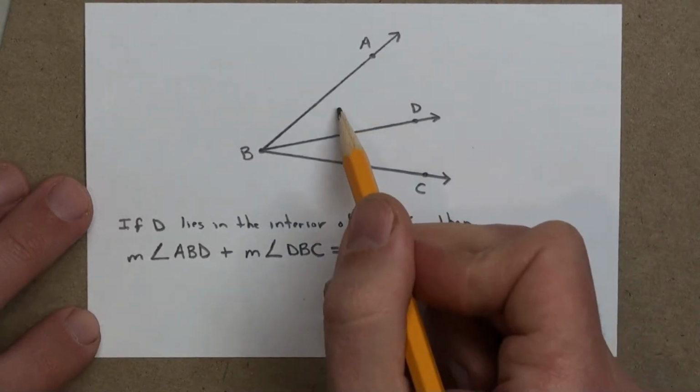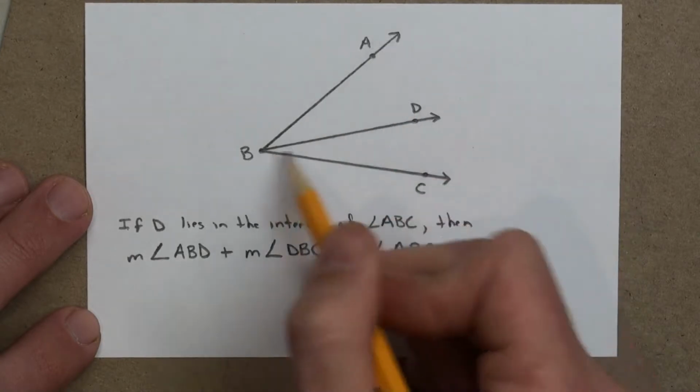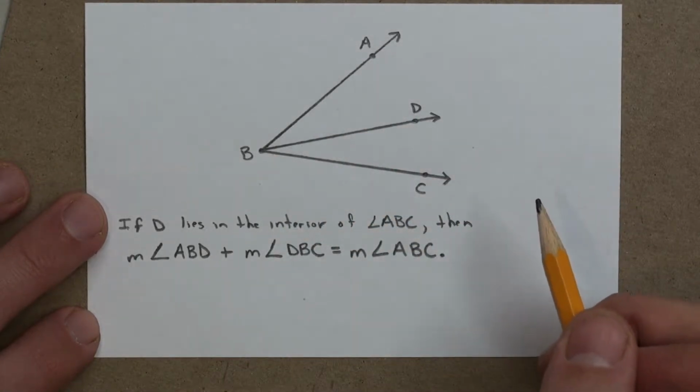Right? So this small one plus this small one equals the big one. And that's it for that. Okay? That's card 59. Let's go to card 60.